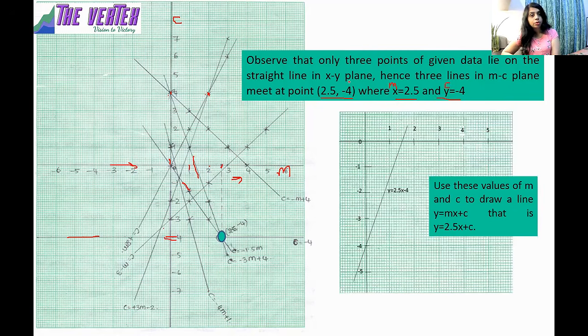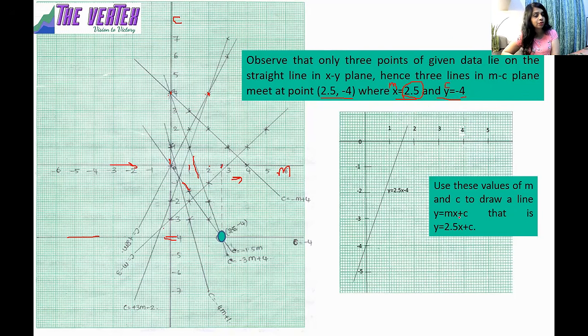Now you have to draw a line for this equation. We know that y equals mx plus c. So what is the m value? The m value is 2.5. What is the c value?